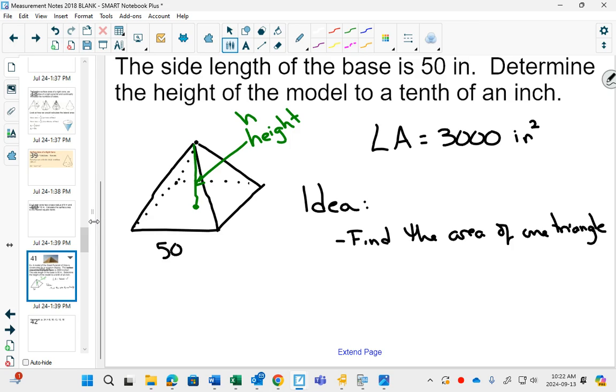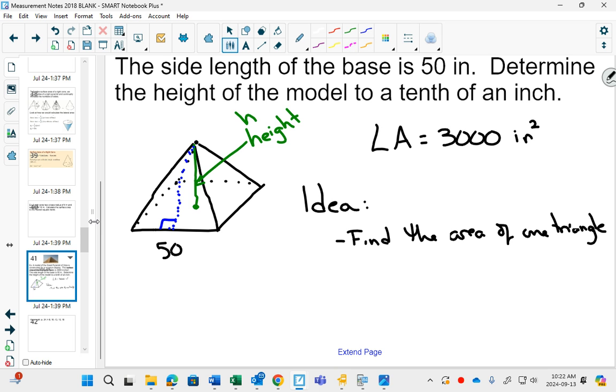And the reason that it's a good idea, but the reason it's going to be a little bit tricky in this question is because if you find the height of the triangle, is that the same as the height of the pyramid? No. So if I draw the height of the triangle in blue, so there's a dotted line, or this is 90 degrees right there on one triangle, if I find the height of the triangle, it's actually the slant height of the pyramid.